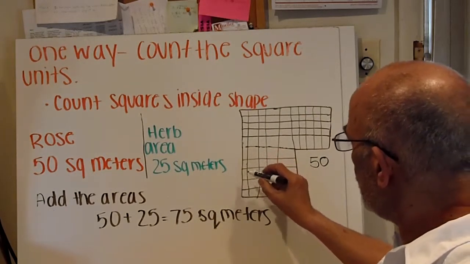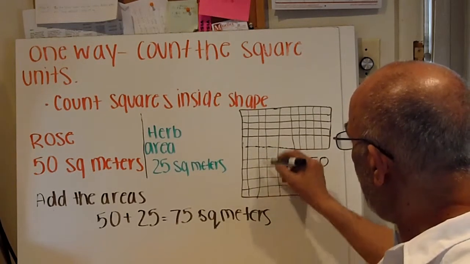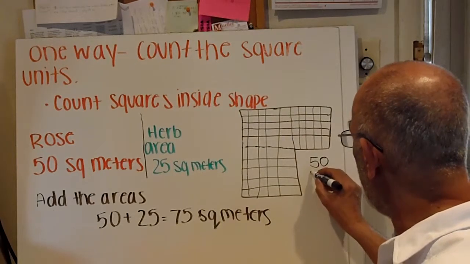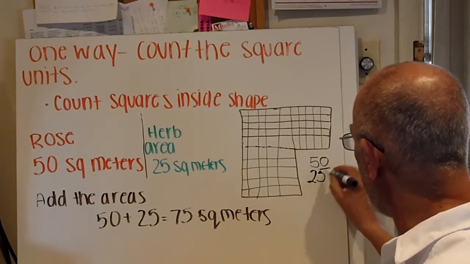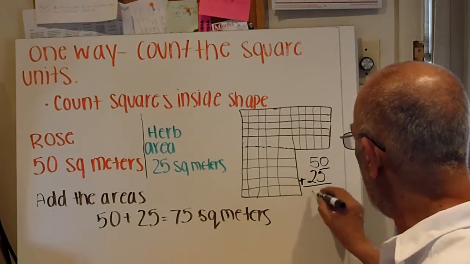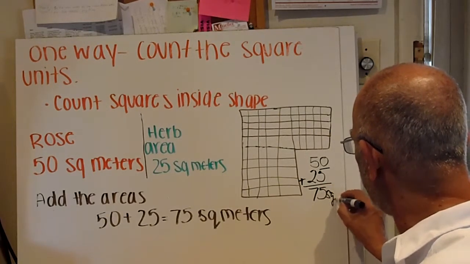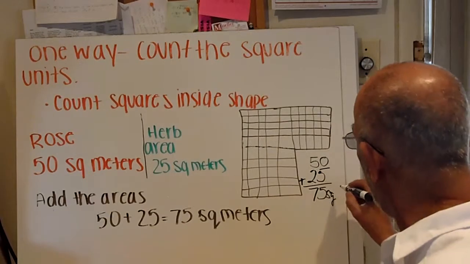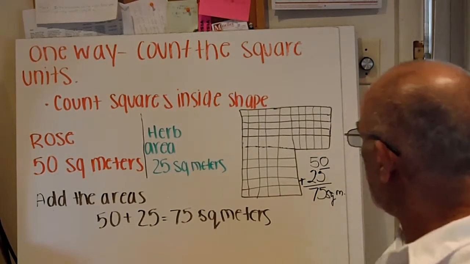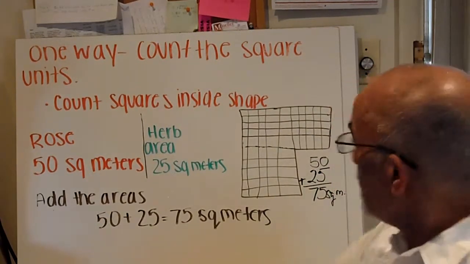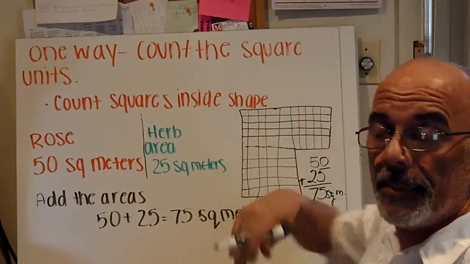And we have 1, 2, 3, 4, 5, 10, 15, 20, 25. 25 squares on the bottom. Add them up, 75 square meters. That's just basically counting.